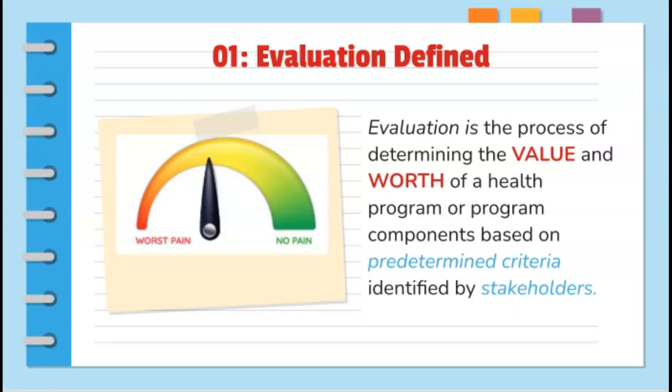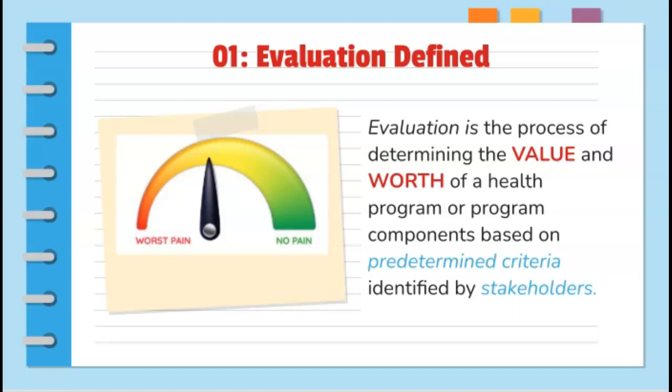Now let's talk about the stakeholders piece. In a lot of cases, the stakeholders are going to be the people who are actually funding your program or components of the program. If you hope for them to continue doing that, you are going to need to evaluate the program based on criteria that they set forth.